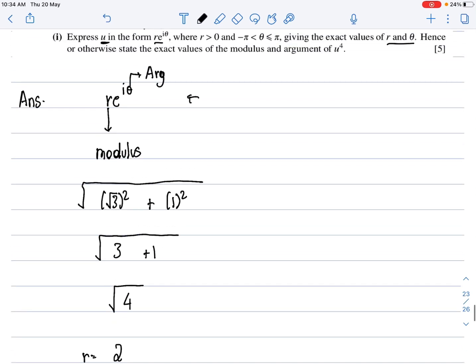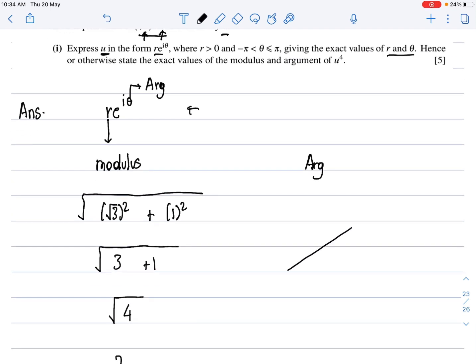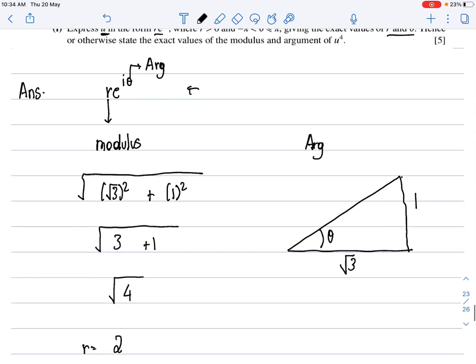Now I need to calculate my argument. For the argument, I know that there's a small triangle which I can make for my reference. Let theta be the argument here. Now I can say that the imaginary part, which is the vertical line, is 1 and root 3 is the baseline.